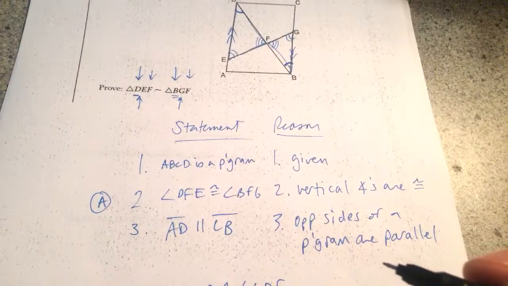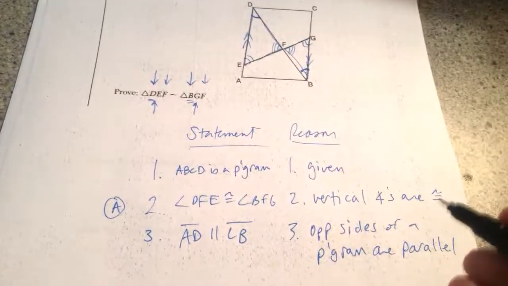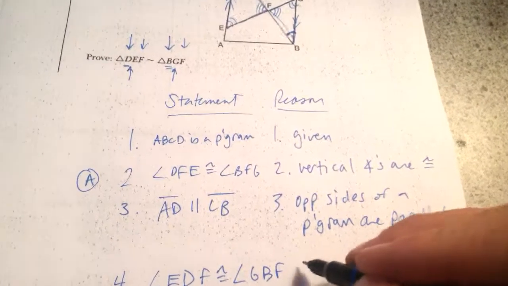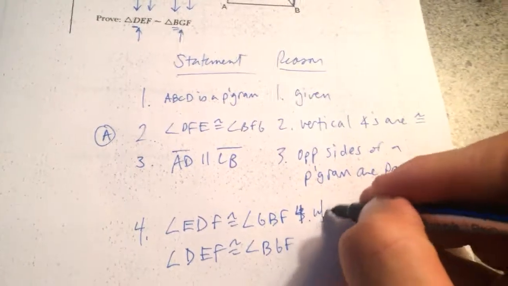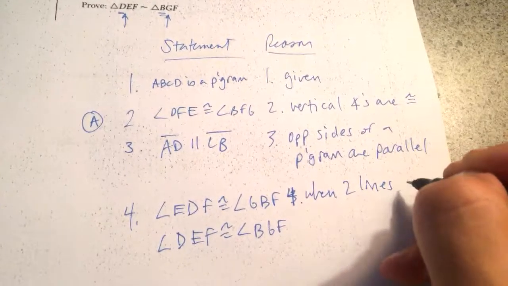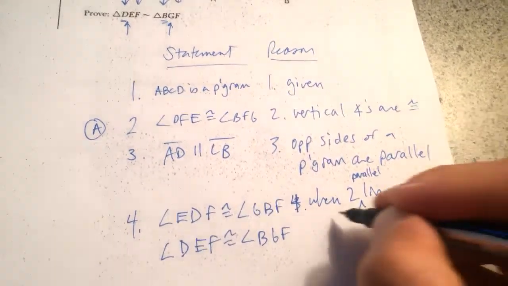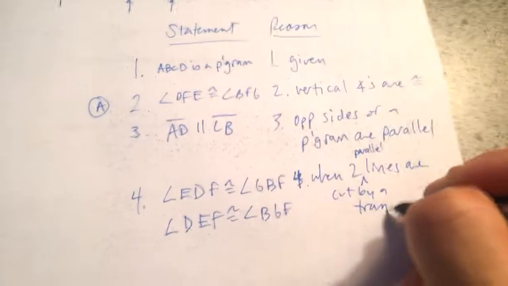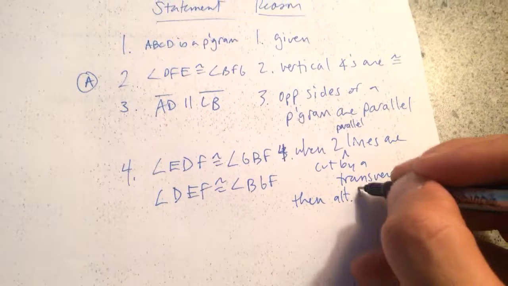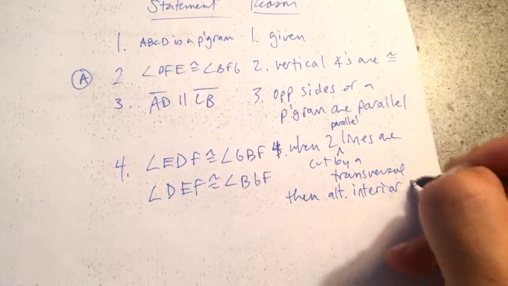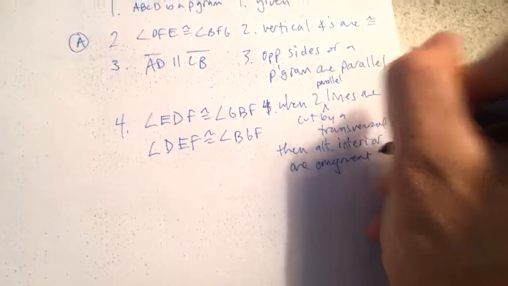I can say angle DEF and angle BGF, all because of the same reason, and that is because when two parallel lines are cut by a transversal, then alternate interior angles are congruent.